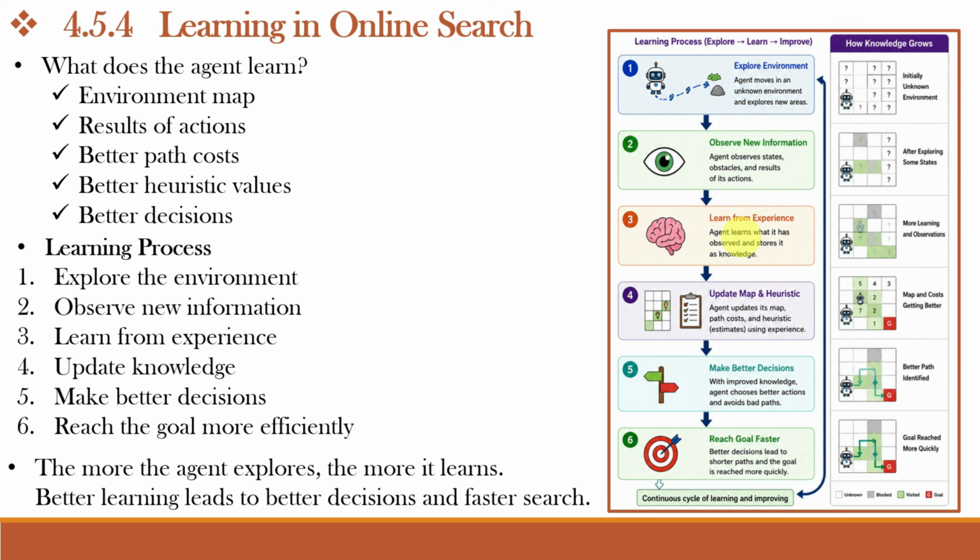During these observations, it learns from experience. After learning, it updates its knowledge, including the map and heuristic values. Because of this updated knowledge, it makes better decisions. And finally, these better decisions help the agent reach the goal faster. So the complete cycle is explore, observe, learn, update, better decisions, and faster search.